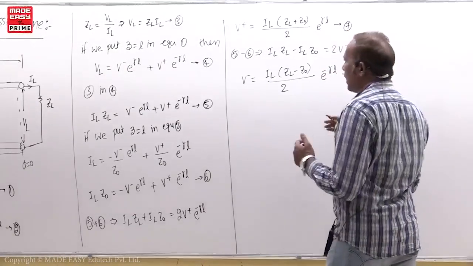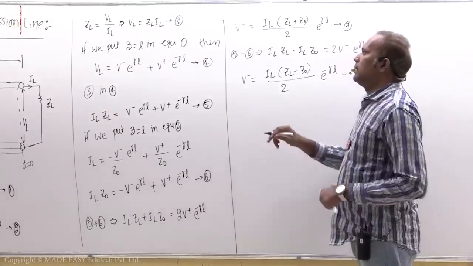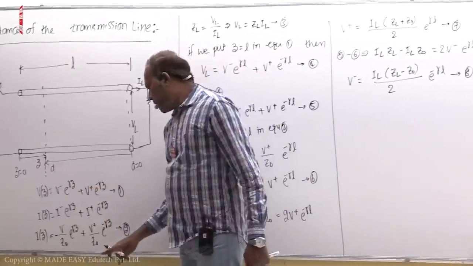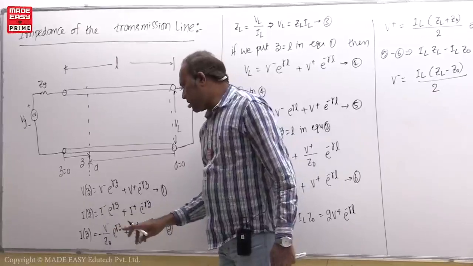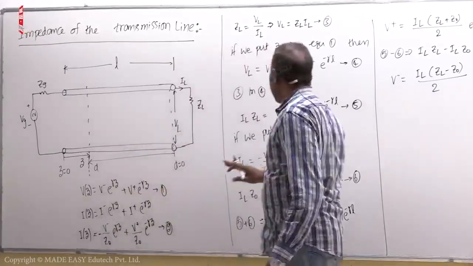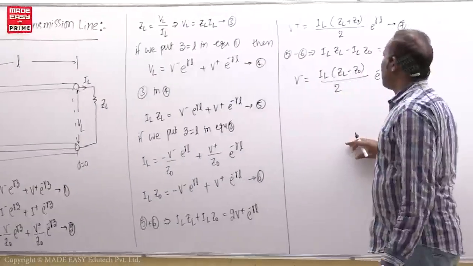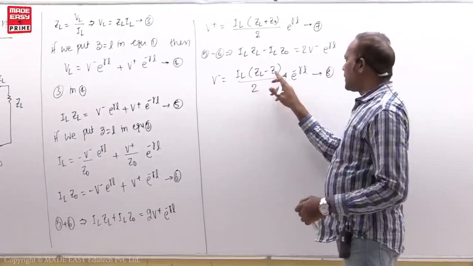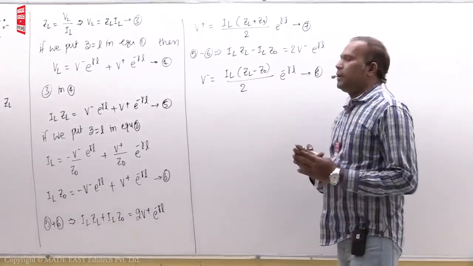This is equation number 8. What we have done here, students, is that in this equation V plus and V minus are there, in this equation also V plus and V minus are there. Then we have calculated the V plus and V minus values in terms of I_L, Z_L, Z0, and of course e^(gamma L) and e^(minus gamma L).